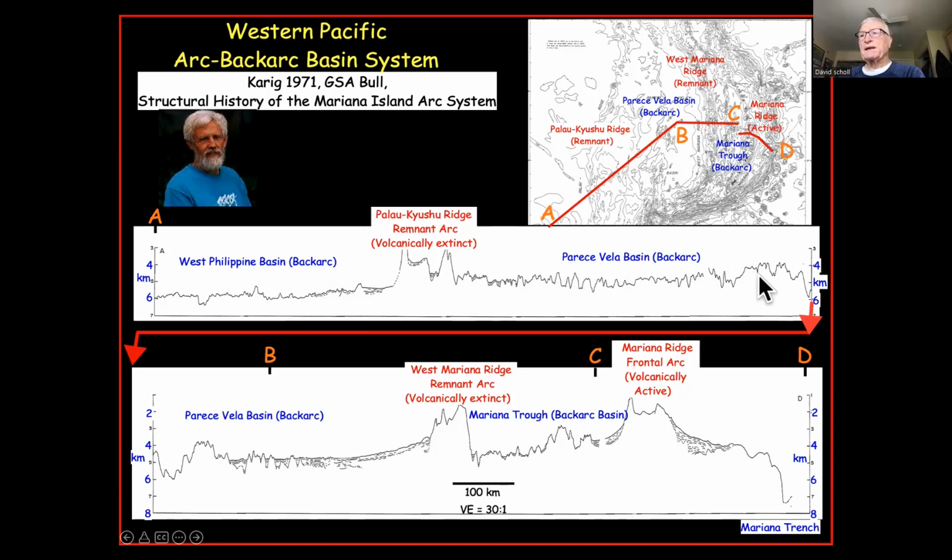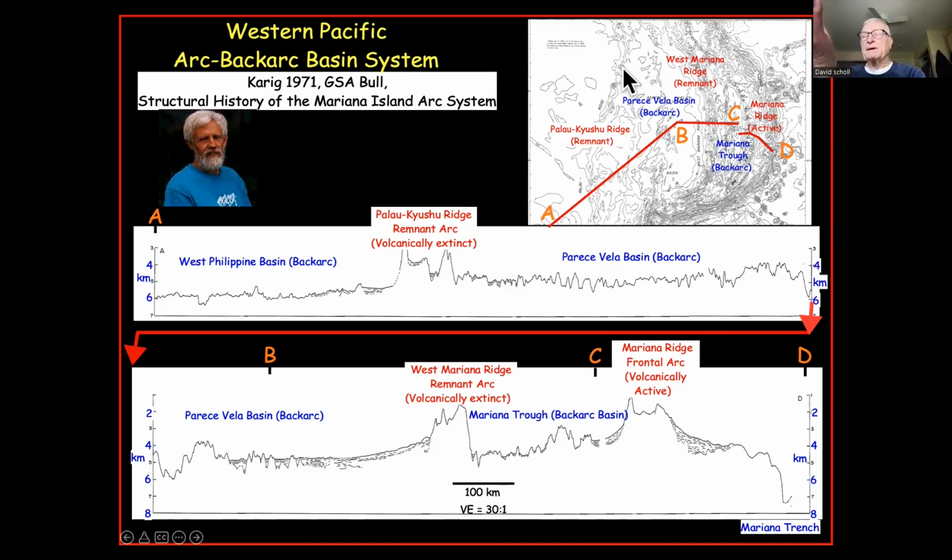So this is what Dan really had to work on. I wanted to show his original work back in the 1970s, but he figured out that there was back arc spreading, new crust was being created back here, not old crust, but new crust with respect to this whole system that was operating here.